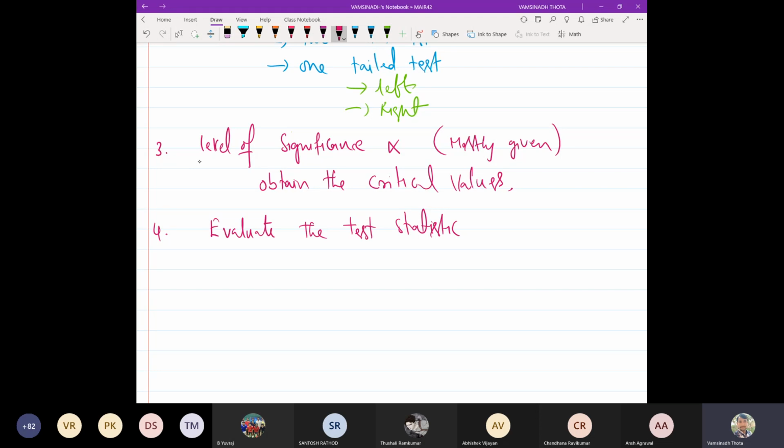What is the test statistic formula? So Z is equal to and so on. We have so many formulas in the list, so depending on the problem, we should write it. Now, compute the test statistic value, mod Z. This is what we call the test statistic value.